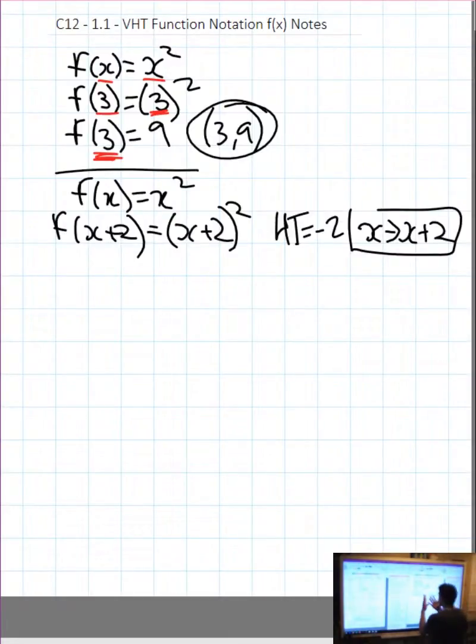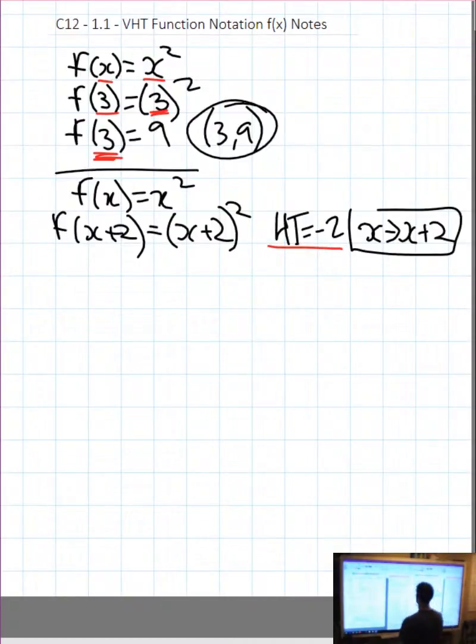From quadratics, we remember that x plus 2 all squared shifts the parabola to the left 2. So substituting x plus 2 in for x, that means that it is a horizontal translation left 2, or -2.